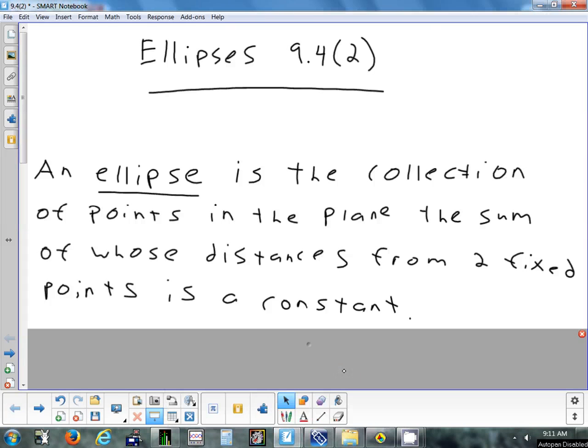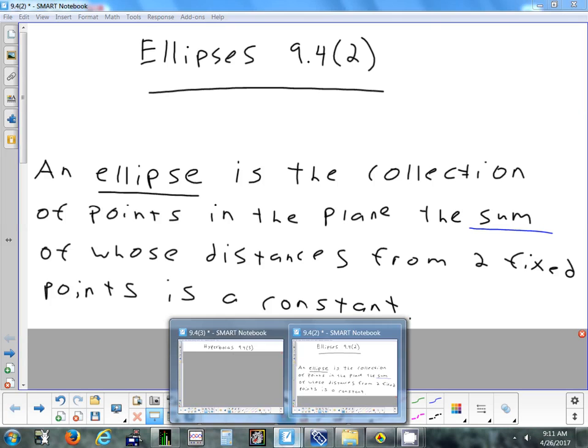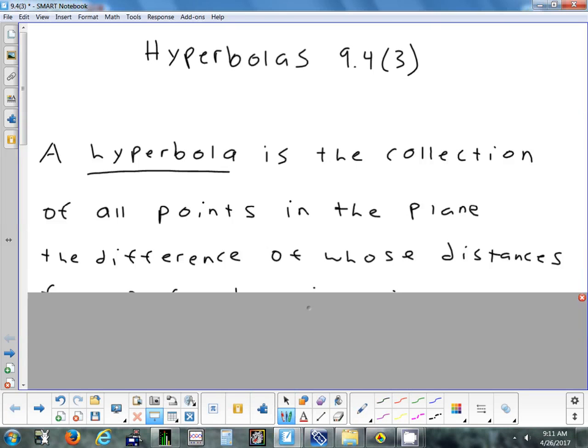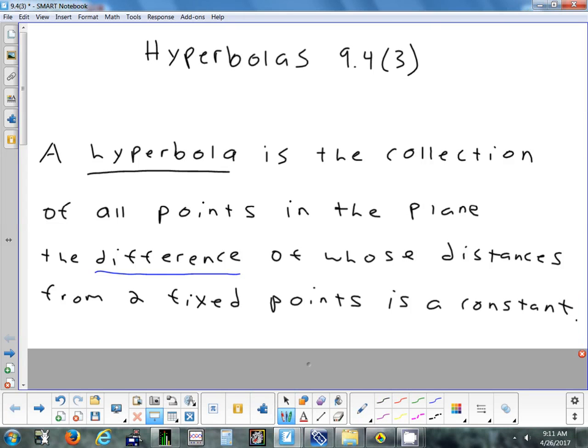Okay, so just as a reminder what an ellipse was. It's a collection of points in the plane such that the sum of the distances from two fixed points is a constant. Yep, the only thing that you're going to change here is difference.